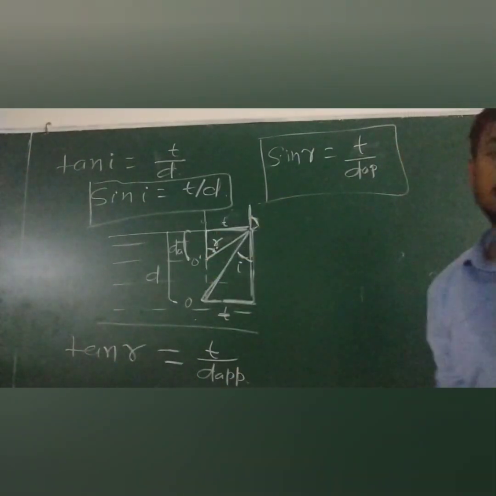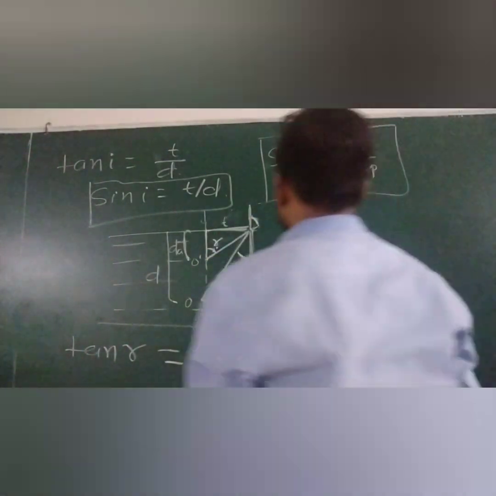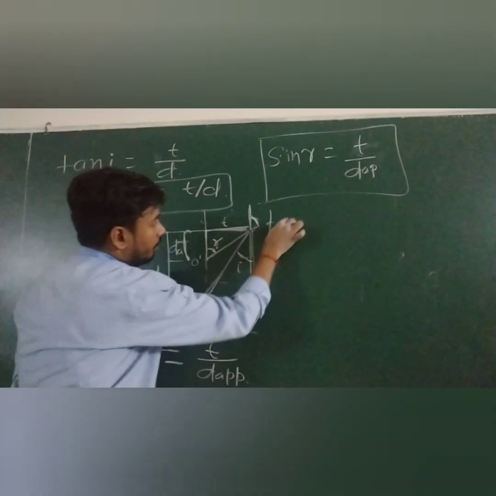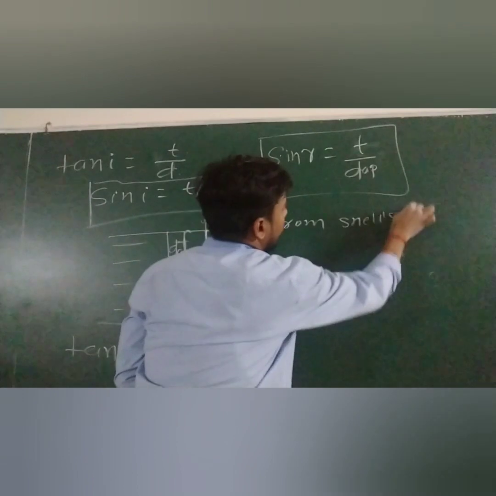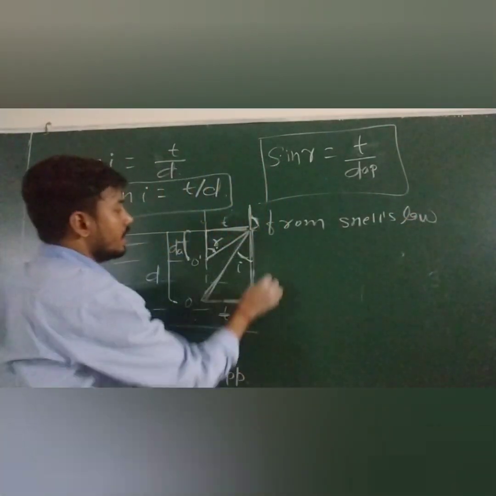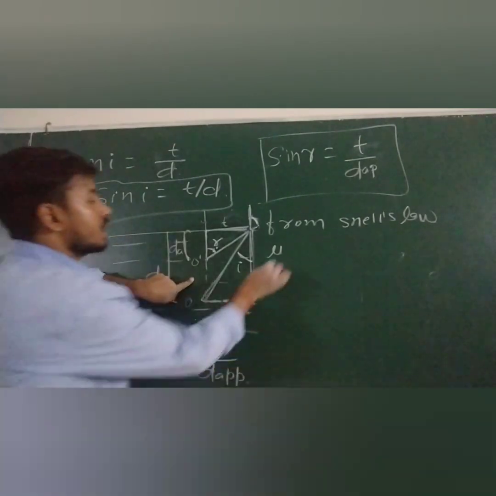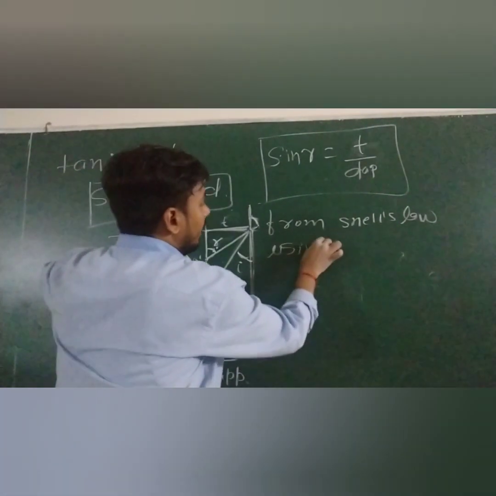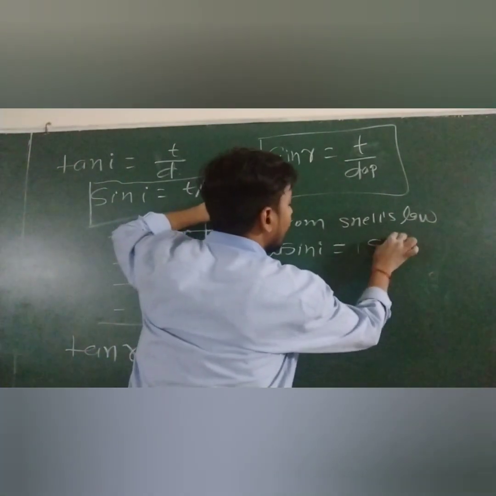Now apply Snell's law. From Snell's law, mu sin i is equal to 1 sin r, since this is air.